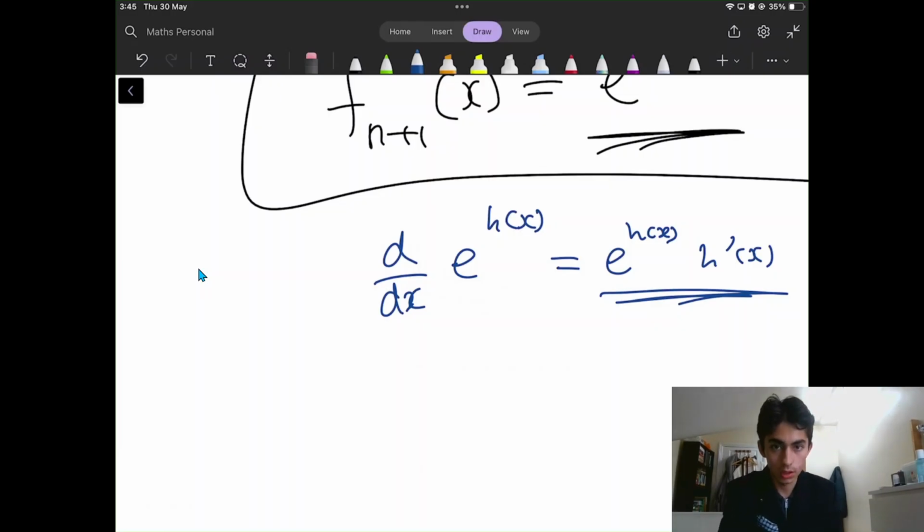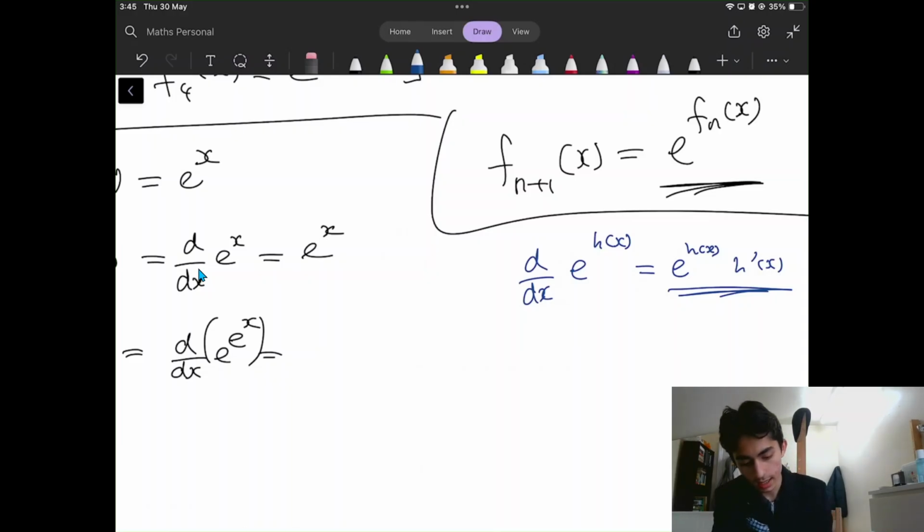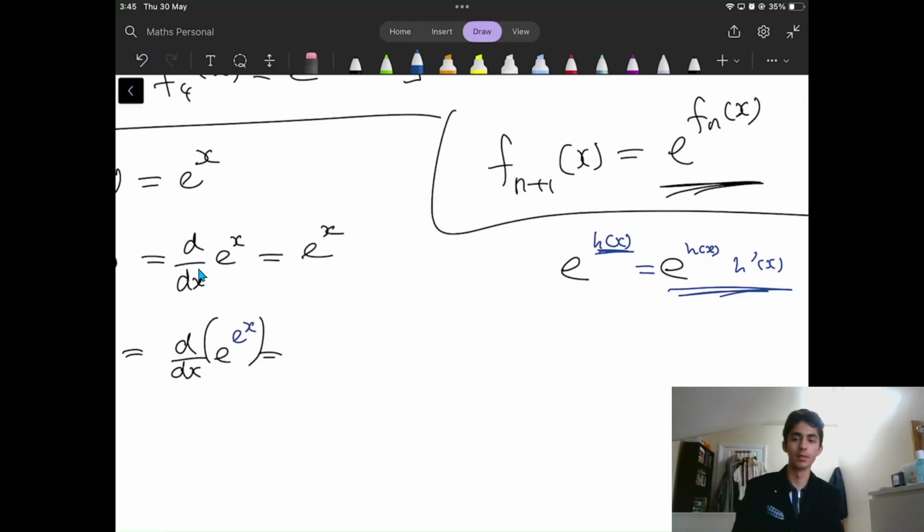So let's use this chain rule to differentiate e to the e to the x. In this case, instead of having h(x), we have e to the x here, right? So let me actually try and color coordinate this.